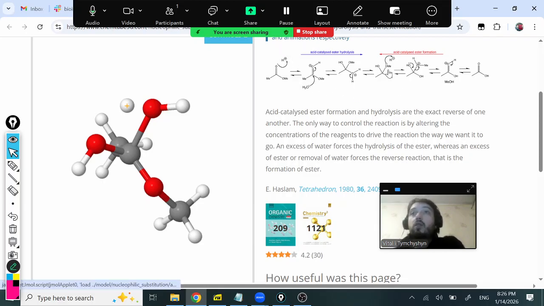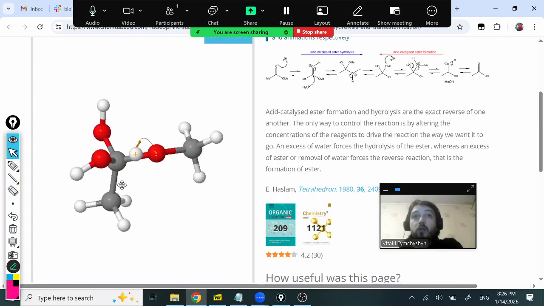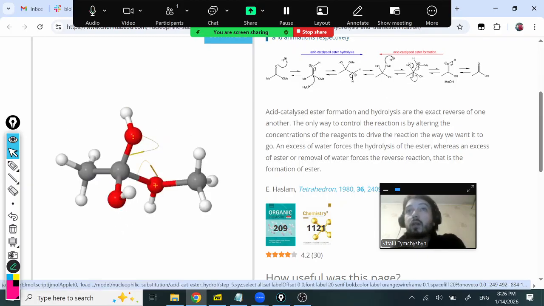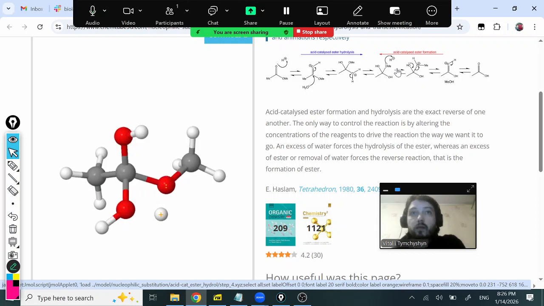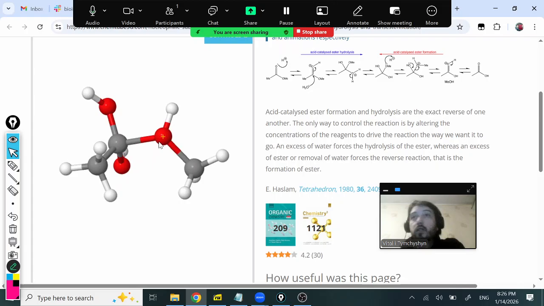And we can go even further. So here's what we have, our ester. We still can protonate something, so here we are protonating our oxygen atom. So here it is protonated, it acquired some positive charge.